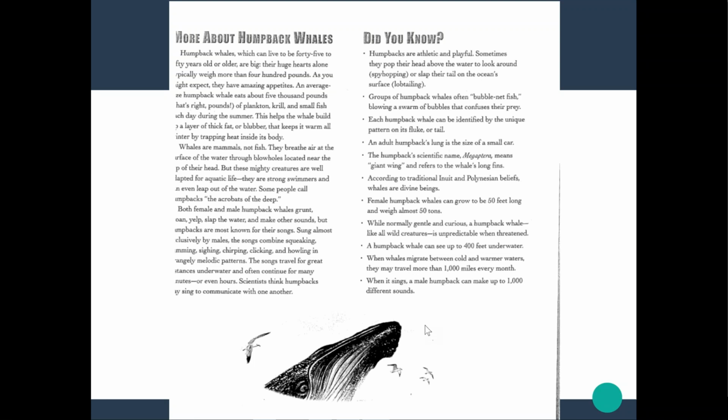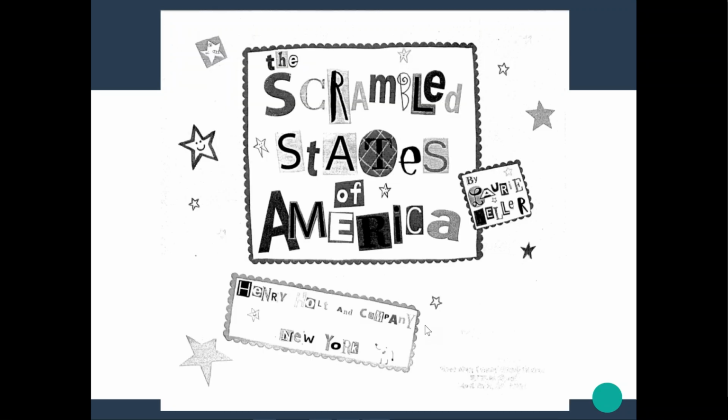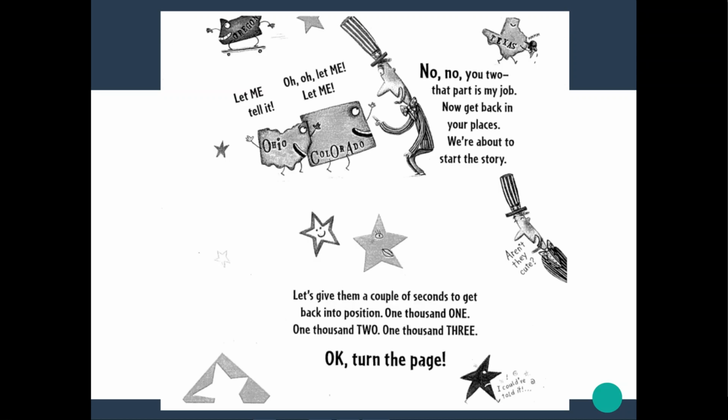So another example, okay, here we have the Scrambled States of America. I'll let you take a look at some of the pages here and think about how you might classify this, whether you would see the book as the primary component or the sound recording as the primary component. Here's one of the first pages of the book. You can see that there's quite a bit of text. There is a little notation here, okay, turn the page.